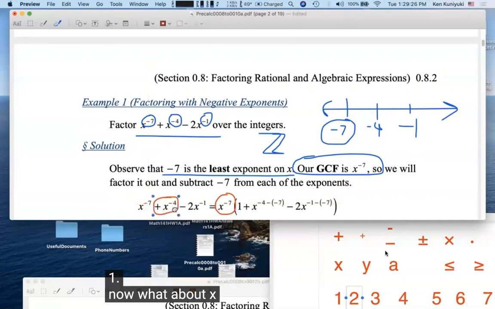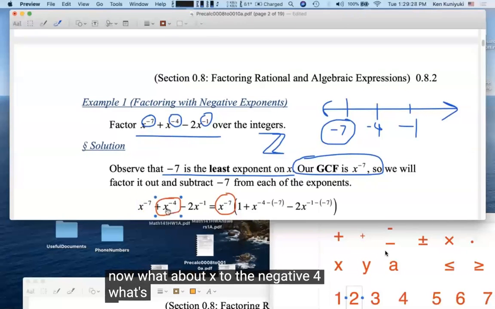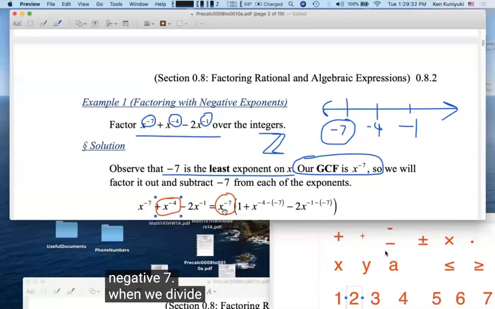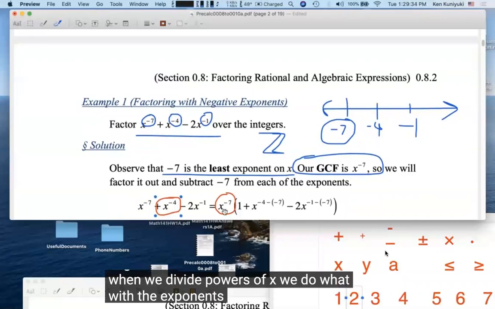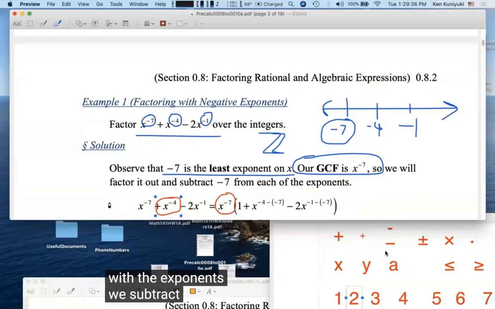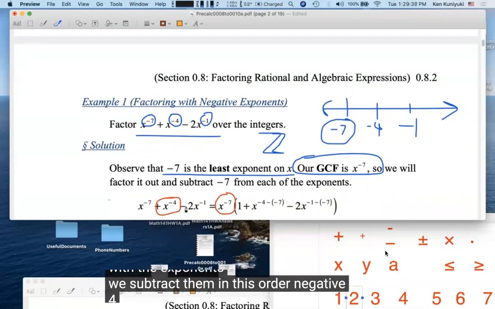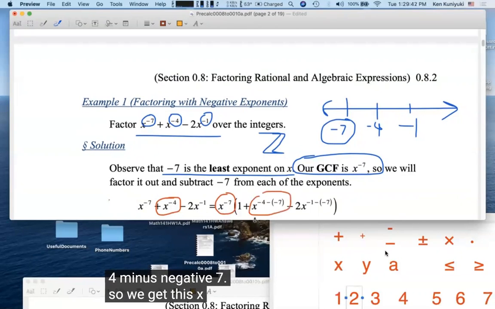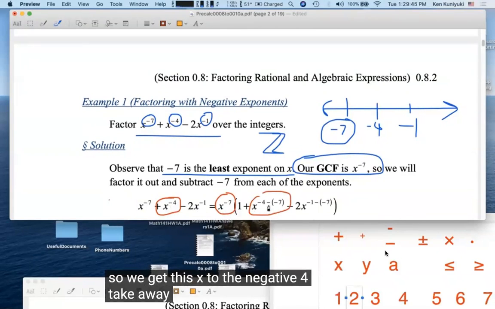Now what about x to the negative 4? What's x to the negative 4 divided by x to the negative 7? When we divide powers of x, we do what with the exponents? We subtract them in this order. Negative 4 minus negative 7. So we get this. X to the negative 4, take away the negative 7 out here.